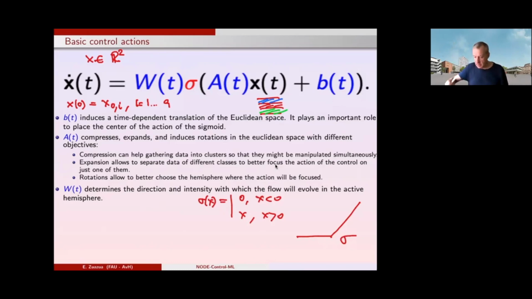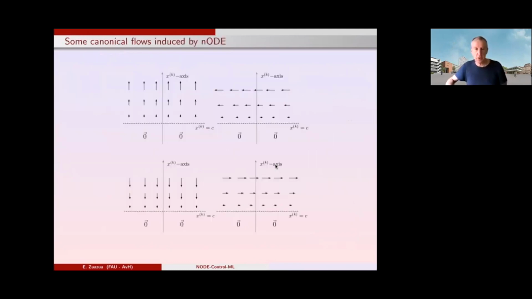In order to proceed to the proof, as you will see, we don't need to use all the degrees of freedom given by B, A, and W. I can choose B, A, and W rather simple.